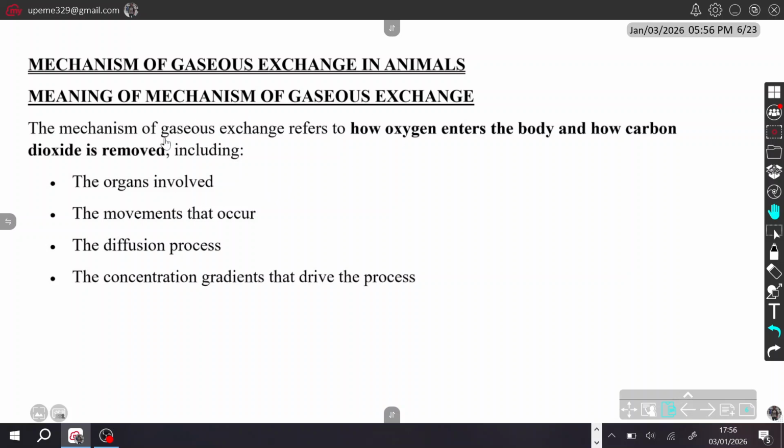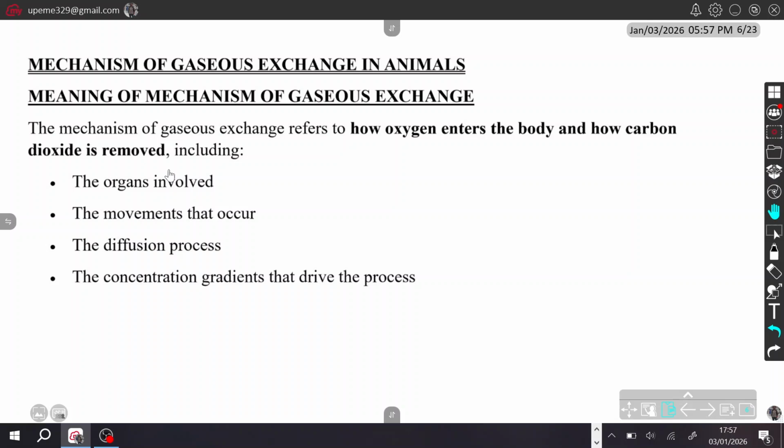We are saying the mechanism of gaseous exchange refers to how oxygen enters the body and how carbon dioxide is removed. So when we talk of the mechanism of gaseous exchange, we are referring to the gaseous exchange in which oxygen enters the body and then carbon dioxide is removed from the body.